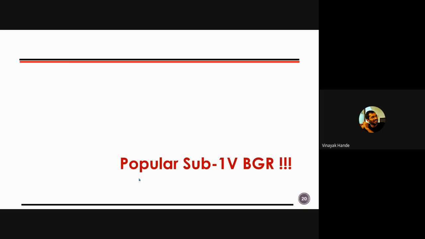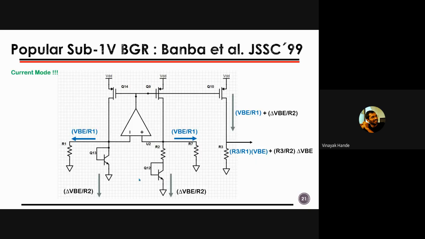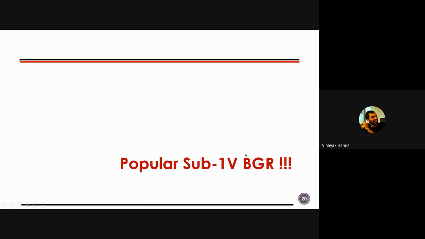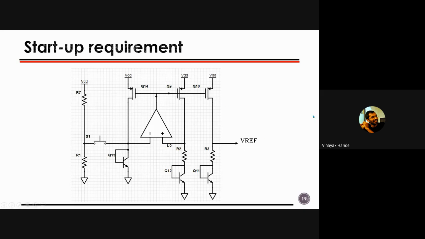Right. Then some important sub 1 volt band gap references. This is nothing but a current mode approach, and I have corrected the equation here as well. If you see the previous circuit, as we have calculated, the band gap based voltage reference value was around 1300 millivolt or so at room temperature.